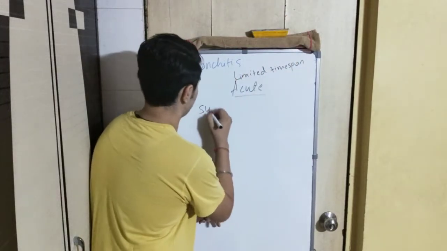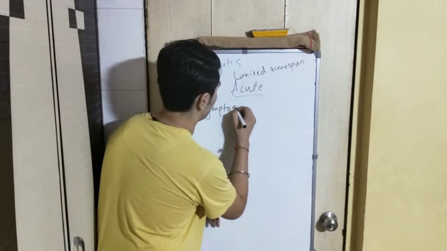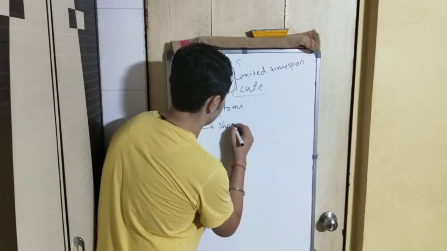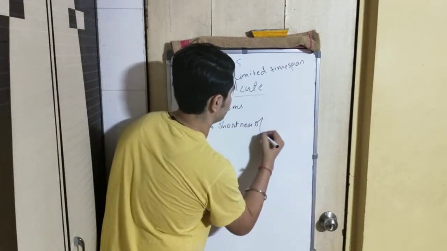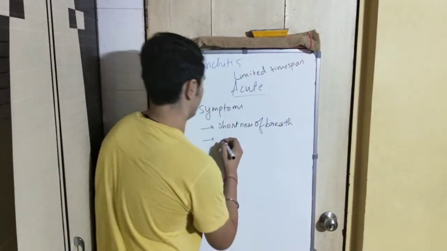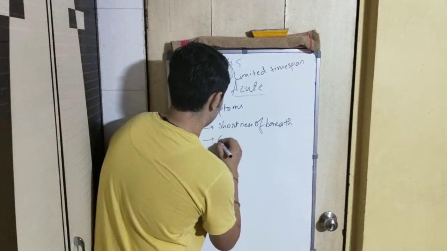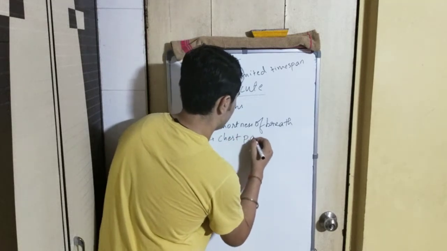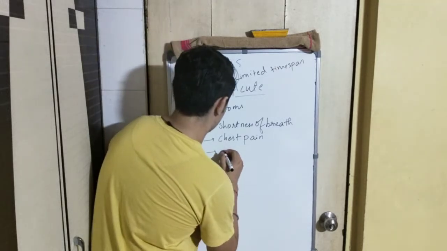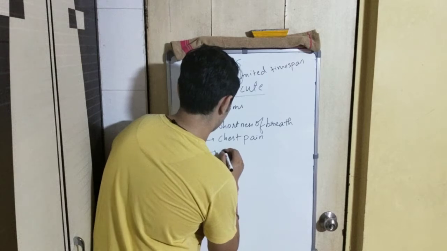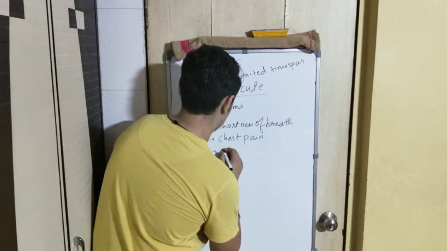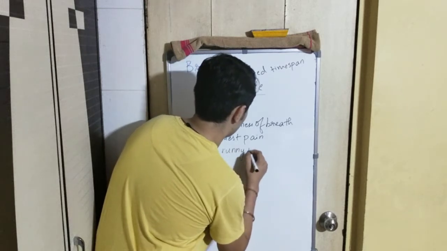Now I will tell you symptoms of acute bronchitis. First is shortness of breath. Second is chest pain. Third is runny nose.